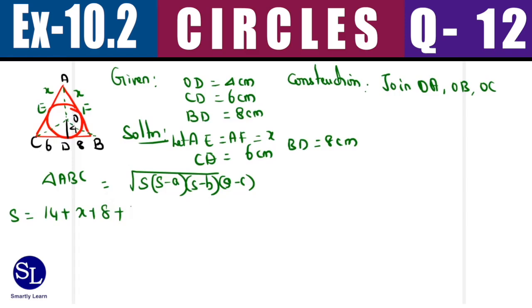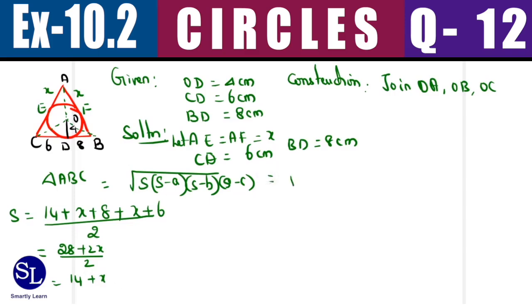Similarly, AC is going to be x plus 6, because if CD is 6, CE is also 6. The whole thing divided by 2. So it is going to be 14 plus 14, 28, 28 plus 2x by 2, which is equal to 14 plus x. So this alone is the value of S.